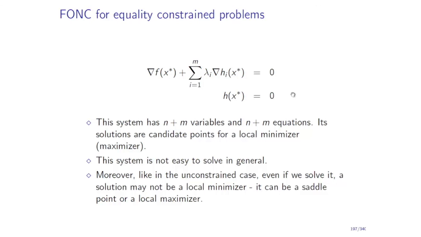But then again, we'll discuss some sufficient conditions for minimizers that we can apply to see if this point is indeed a local minimizer or not. But again, in some cases, these conditions will also be inconclusive, so in general, it's difficult to verify whether the stationary point that we find is a local minimizer or not.